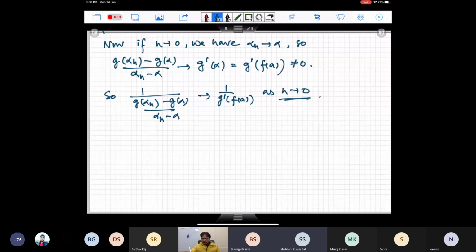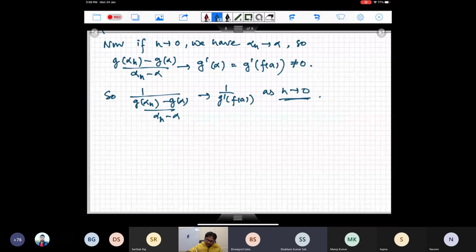Of course this is important, because if g prime of alpha would have been 0, the reciprocal would not have a limit, or it could be infinity, or it could be oscillating, things like this. But now that g prime of alpha is not equal to 0, I can definitely say that the reciprocal is going to 1 upon g prime of f of a.